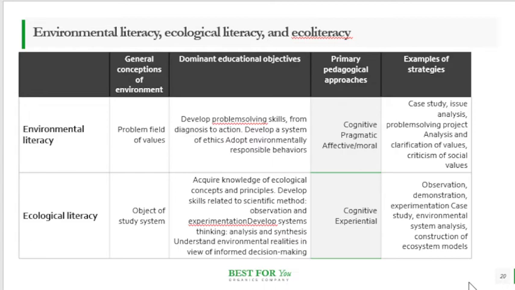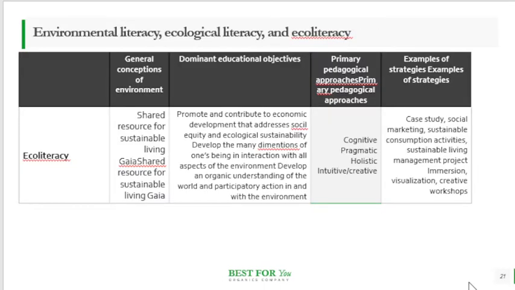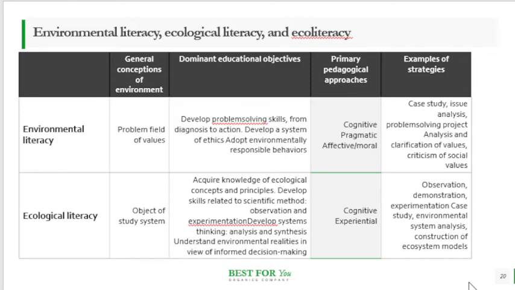Next is ecological literacy. The conception here of environment is an object of study system. The educational objectives: acquire knowledge of ecological concepts and principles, develop skills related to scientific method, observation, and experimentation, develop systems thinking, analysis, and synthesis, understand environmental realities in view of informed decision making.